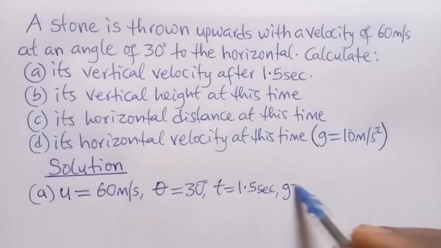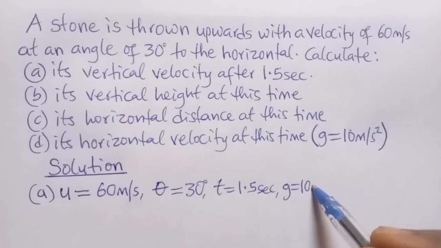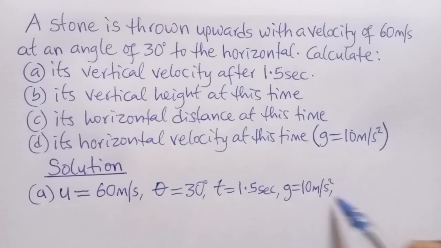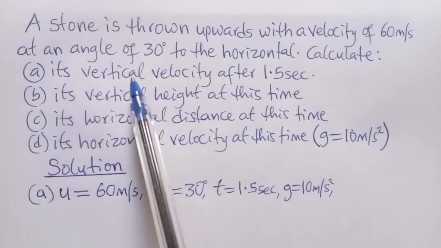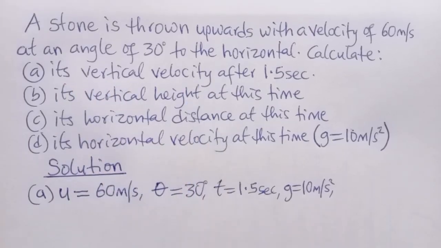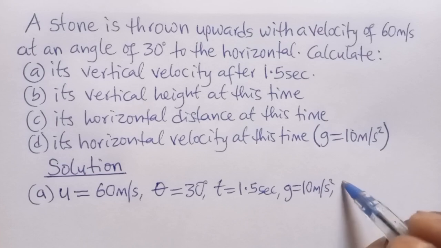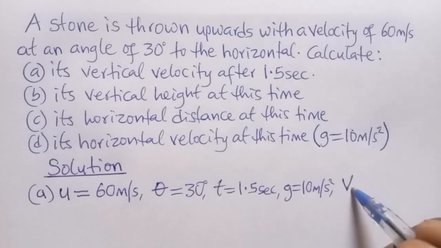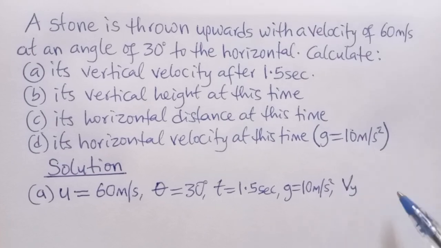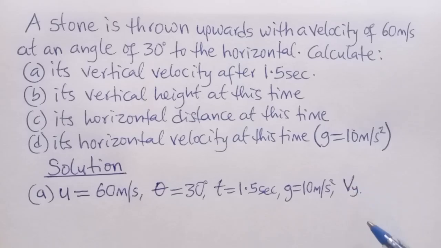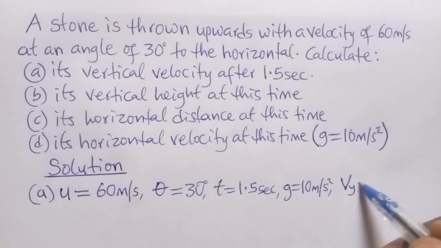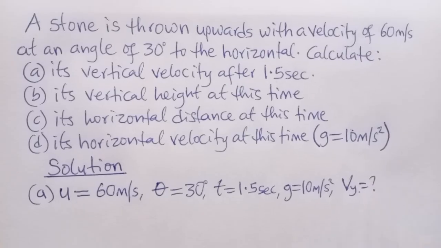So g is equal to 10 meters per second square. And then the first question here says we should find its vertical velocity. So vertical velocity, we can write that as v subscript y. Y for vertical axis, and v for final velocity, and that is what we are asked to look for.